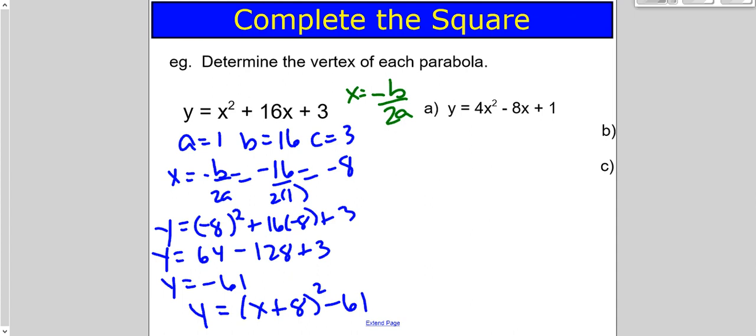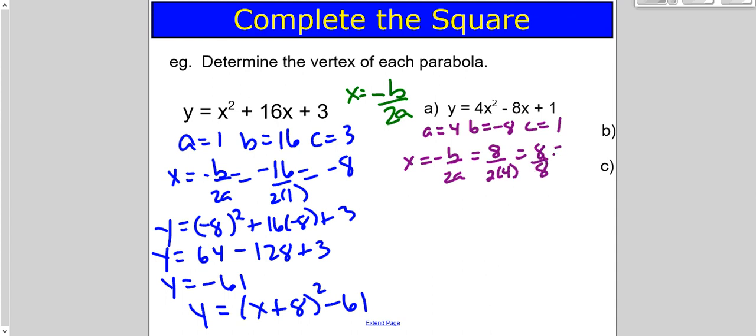Okay, let's try this one. 4x squared minus 8x plus 1. So a equals 4, b equals negative 8, c equals 1. x is equal to negative b over 2a. So a negative 8 is going to give a positive 8 over 2 times 4, which is 8 over 8, which is 1. So now I'm going to go back in.